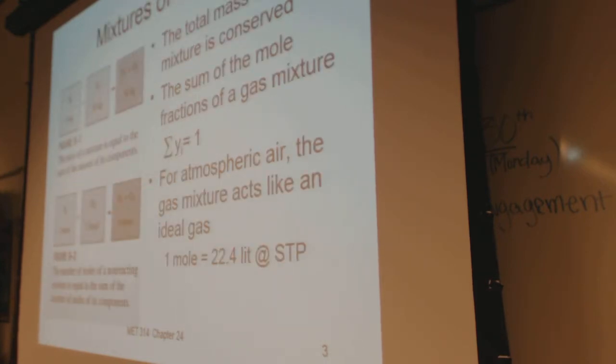If you have a mixture of gases, you don't want to talk about the mass of the gases. You want to talk about the number of molecules. The ideal gas law says PV equals nRT. N is how many molecules you have.